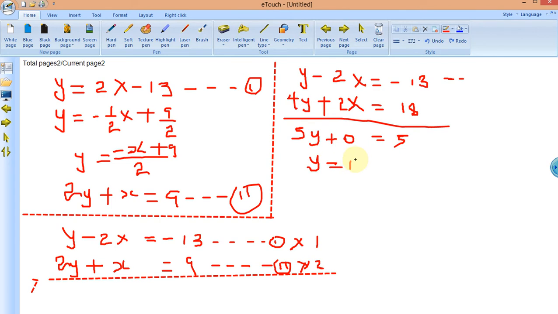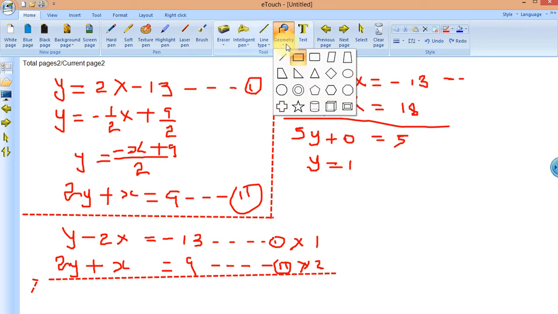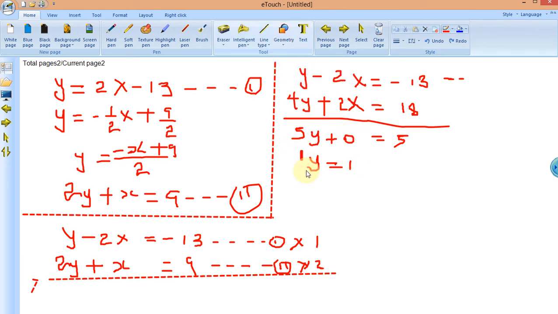So that is the y coordinate for D. For point D, substitute y equals 1 in equation 1, or better say in equation 2, either way, but I prefer equation 2 so that I can get x. So I have 2 times y, that is 2, so 2 plus x equals 9.